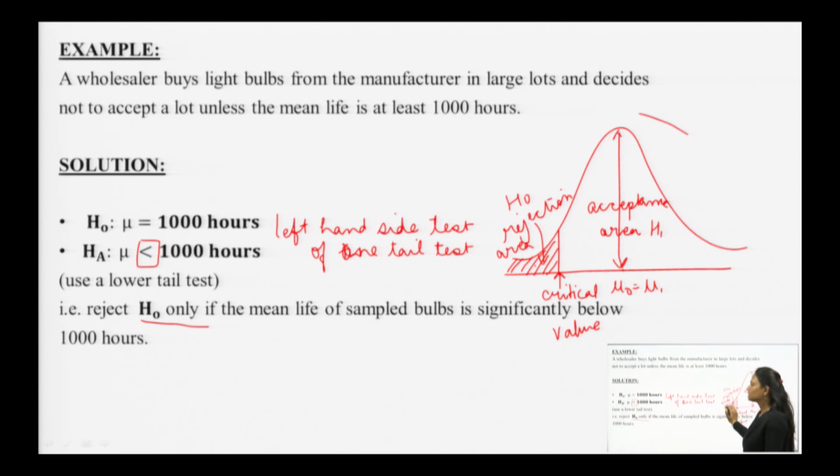This is the part of H naught, that is the null hypothesis, and the acceptance area is the alternate hypothesis. If the sample mean life of the sampled bulbs turns out to be significantly less than 1000, then we reject our null hypothesis and accept the alternate hypothesis.